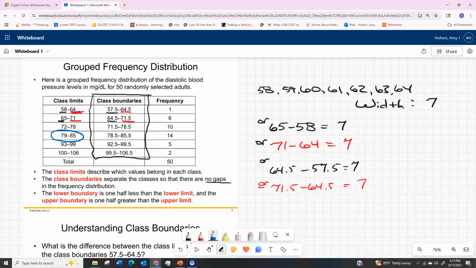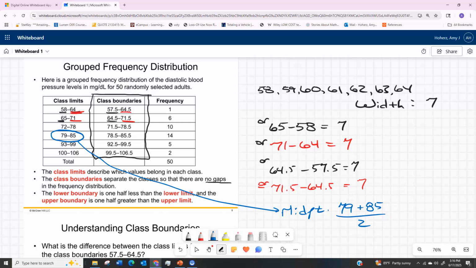Okay, so if we wanted to find the midpoint of this class, again, I could use these numbers or I could use the boundaries, but I'm just going to use these numbers. So we're going to do 79 plus 85, and then we're going to divide by 2, and that will give us the average of 79 and 85, or what number is midway, or the midpoint between those two numbers.